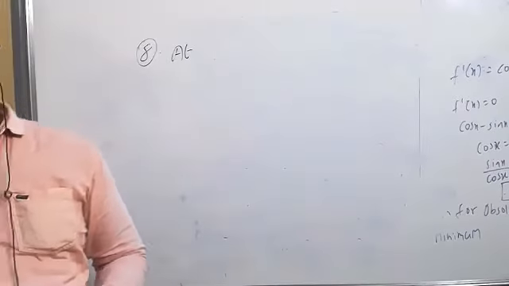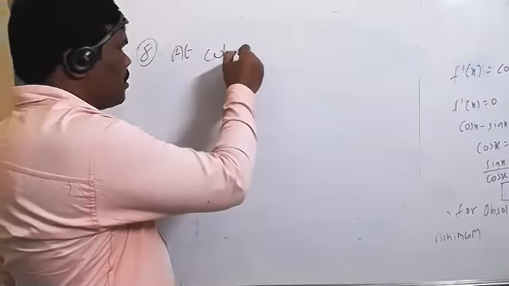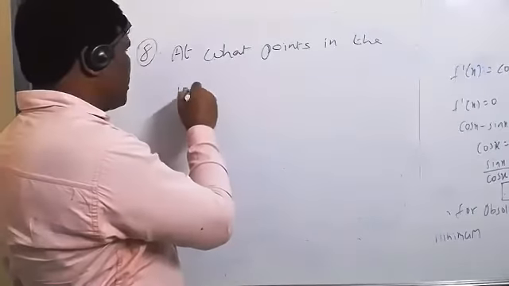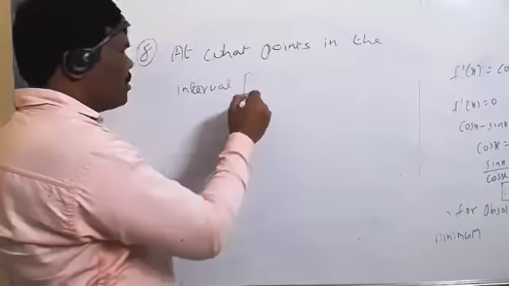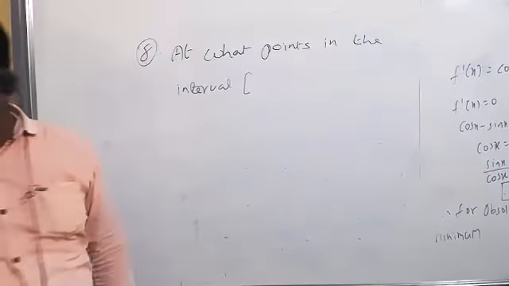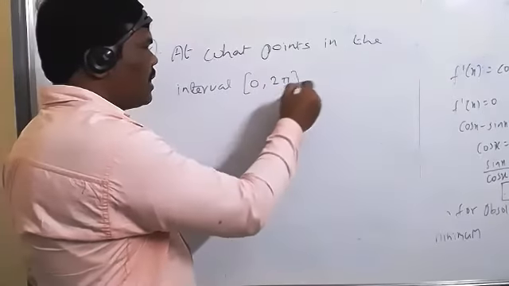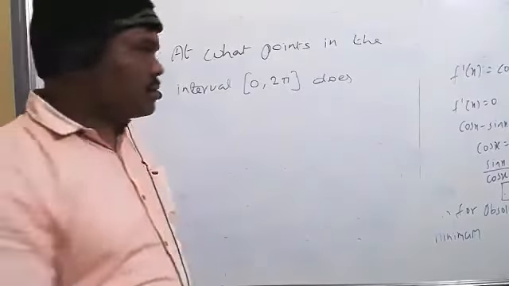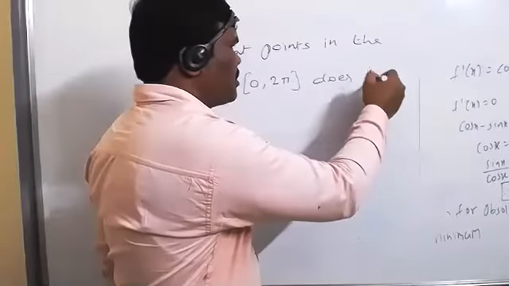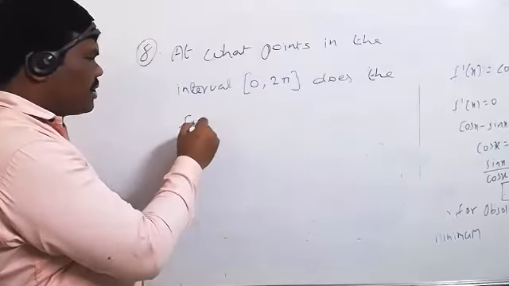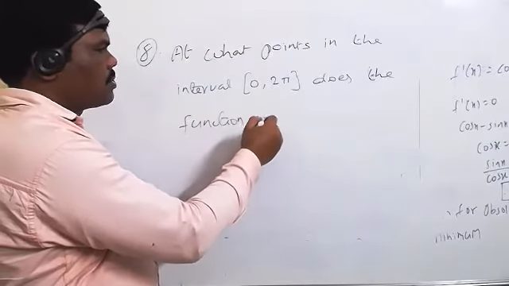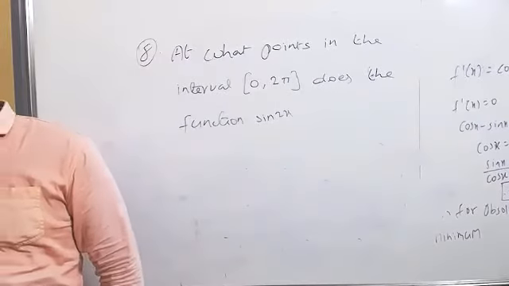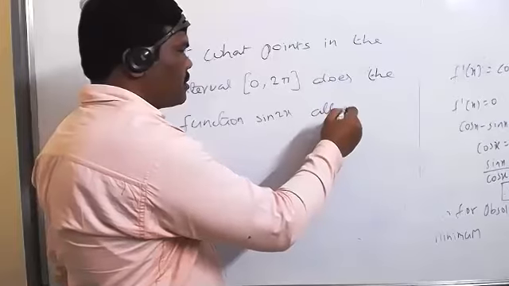At what points in the closed interval 0 to 2 pi does the function sine 2x attain its maximum value?